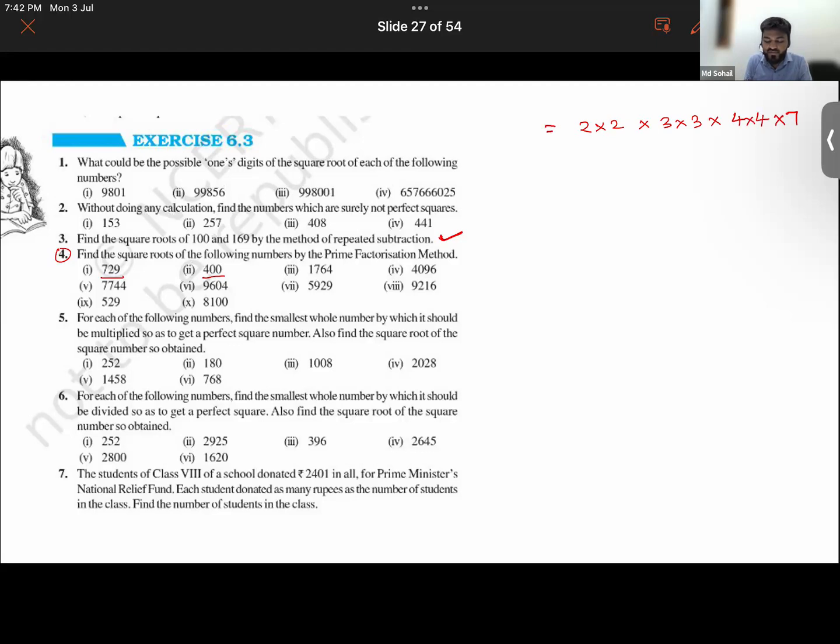Suppose there is any xyz number here. You can clearly see that it is not a perfect square. Why? Because one of the numbers does not exist in a pair. This is a single number here. So to make this number a perfect square, you will either divide the whole value by 7, or you will multiply the whole value with 7. Getting what I'm saying?